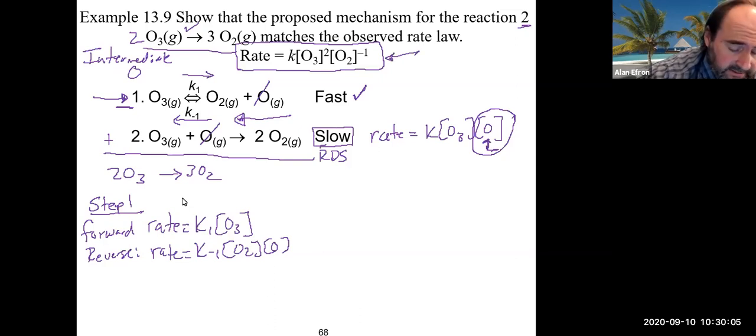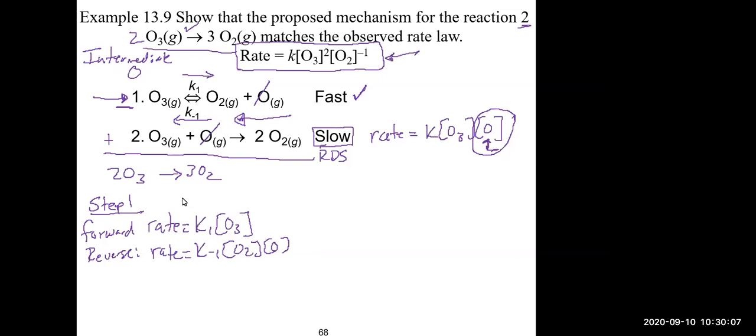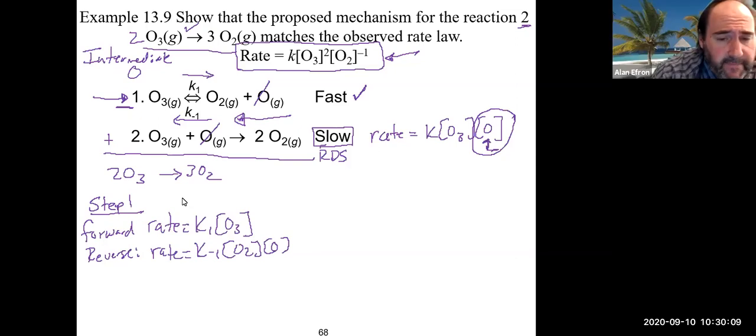This was given to you in the problem because this is the experimentally found rate law. And the experimentally found rate law is important because in order to verify that the mechanism you're looking at, which is that step 1, step 2 mechanism that you have there, is correct, the slow step in the mechanism should have the same rate law.